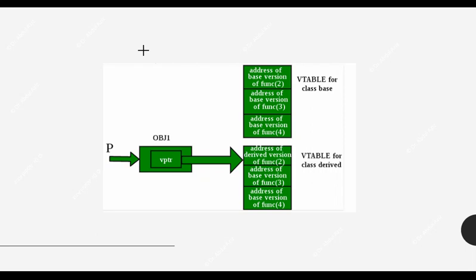In the case of a non-virtual function, it always points towards the type of pointer, and it will be executed from the class that belongs to the type of that pointer. And in the case of a virtual function, always remember the opposite part will be executed, which means if the type of your pointer is base, the derived class version will be executed, but this is only for virtual functions.